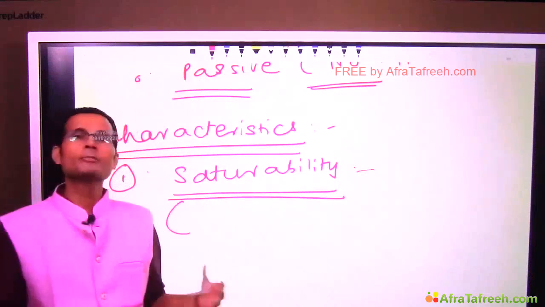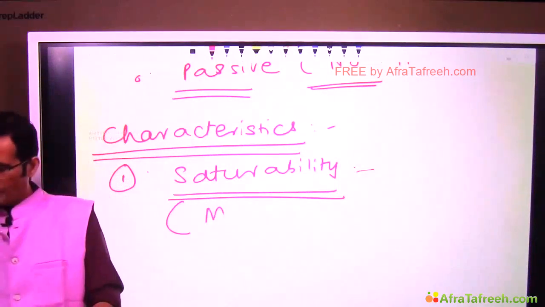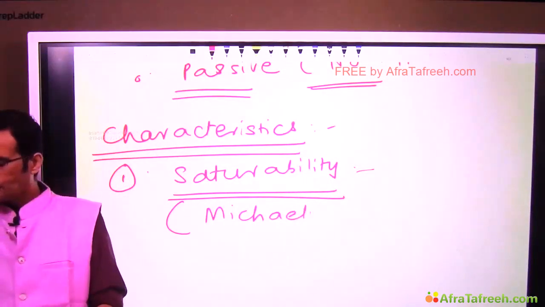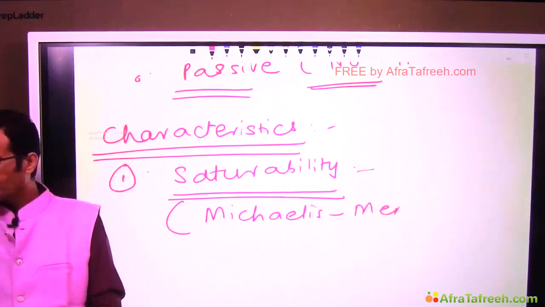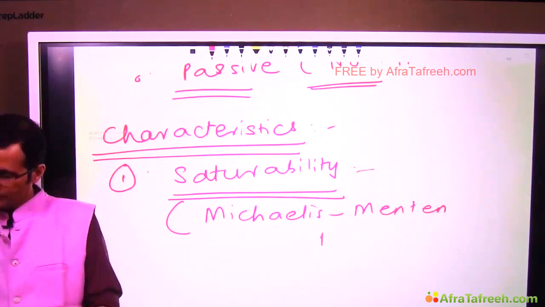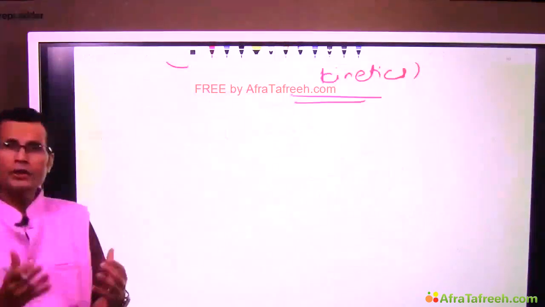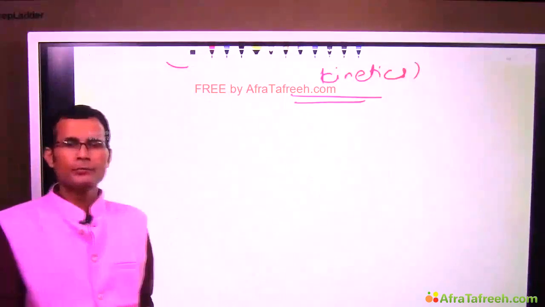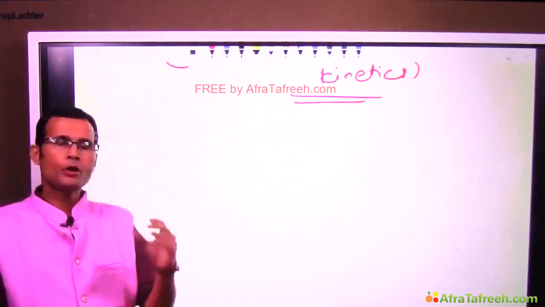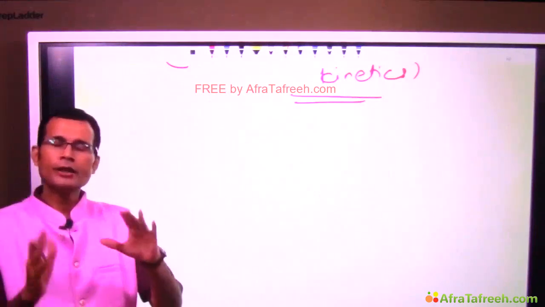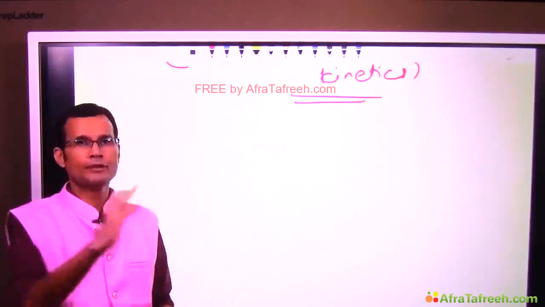I mean, if you have read some biochemistry, they will tell you it follows Michaelis-Menten kinetics. Saturation kinetics or Michaelis-Menten kinetics. The carrier gets saturated, and therefore beyond a certain point it will not be able to increase the rate of facilitated diffusion.